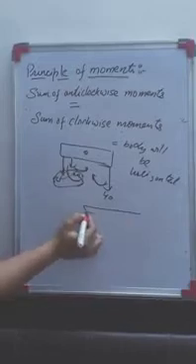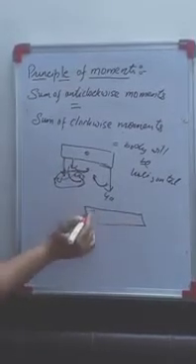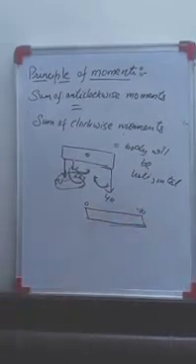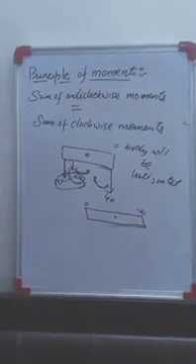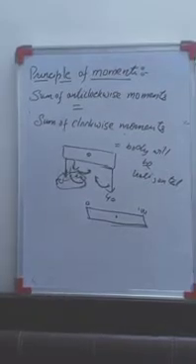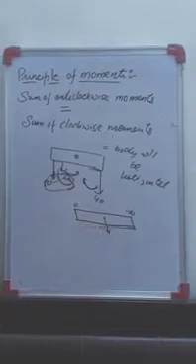Just like a scale: if I say it is 100 centimeters long and it is pivoted at the center, we know the center of gravity of the scale is at its center, so its whole mass acts at the center.